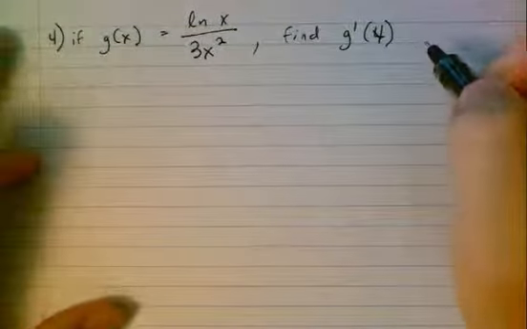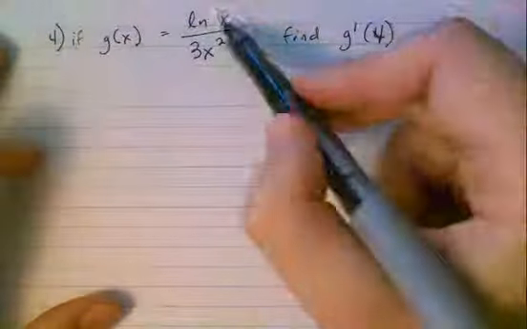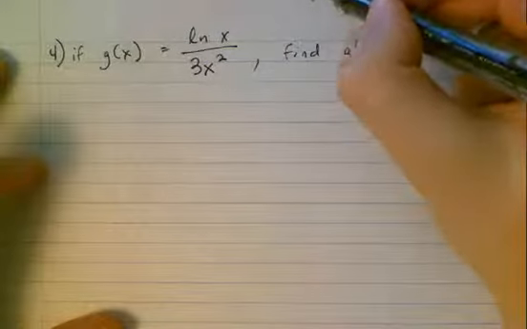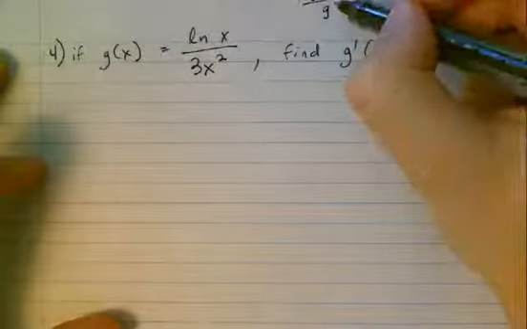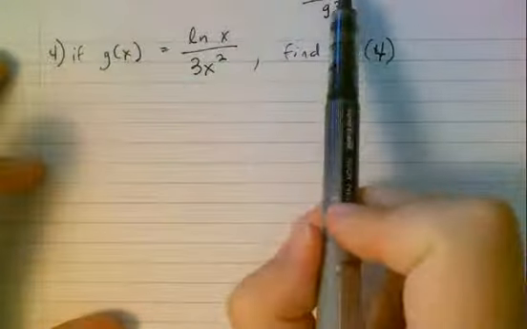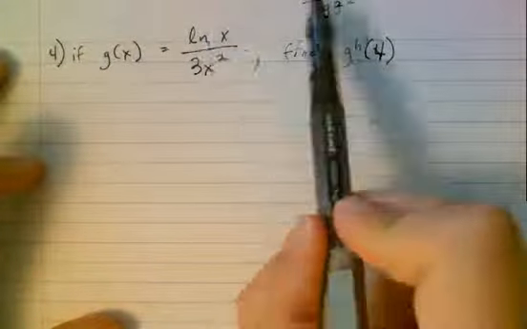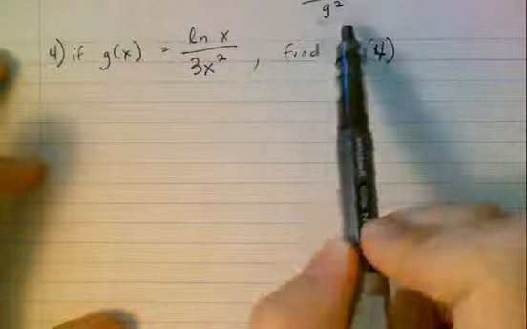And we want to find the derivative when x equals 4. The first thing to notice is that we're going to have to use our quotient rule. Again, don't get confused by this g here versus this g here. This is just saying the top and the bottom.